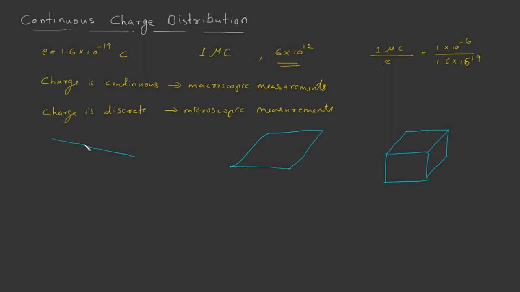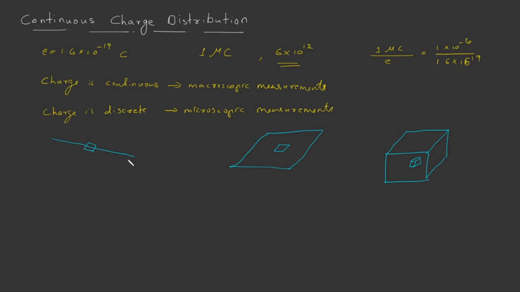Even if we are considering a small portion like this, in each case the number of charges or base units is very large. So, charge is assumed to be continuously placed. So, we can neglect quantization and consider charge is distributed continuously.